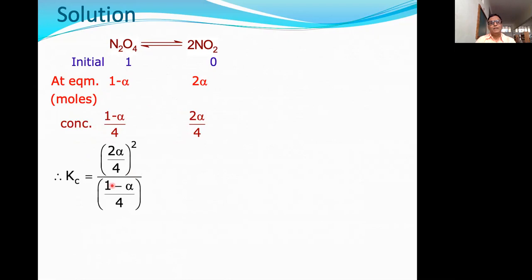So you can write the expression Kc equal to 2 alpha divided by 4, whole square, divided by 1 minus alpha upon 4. If you simplify this, you will get alpha equal to 0.25.